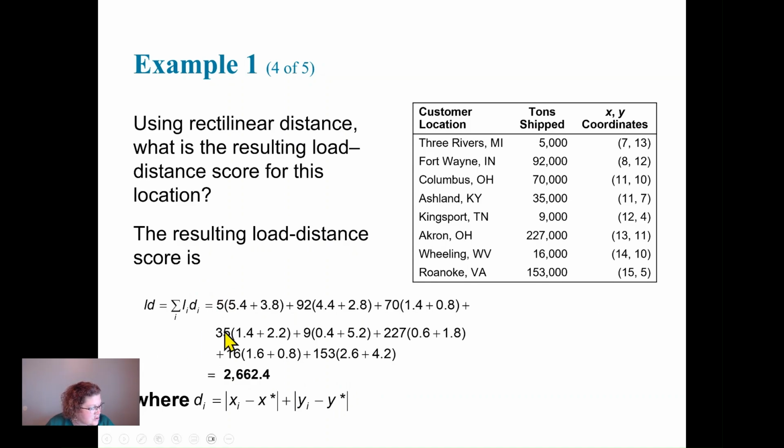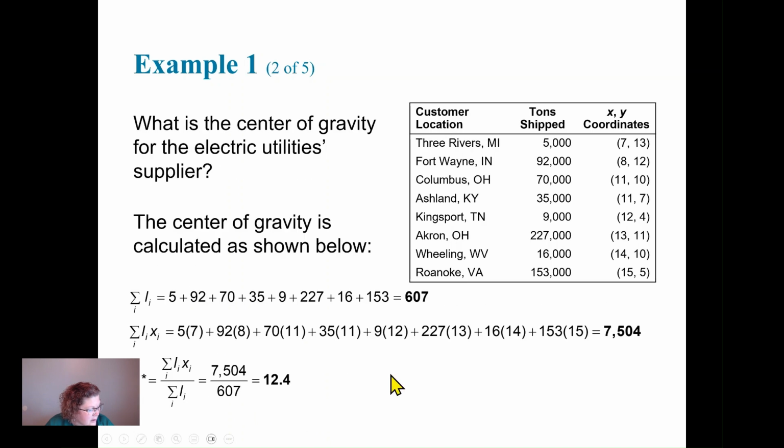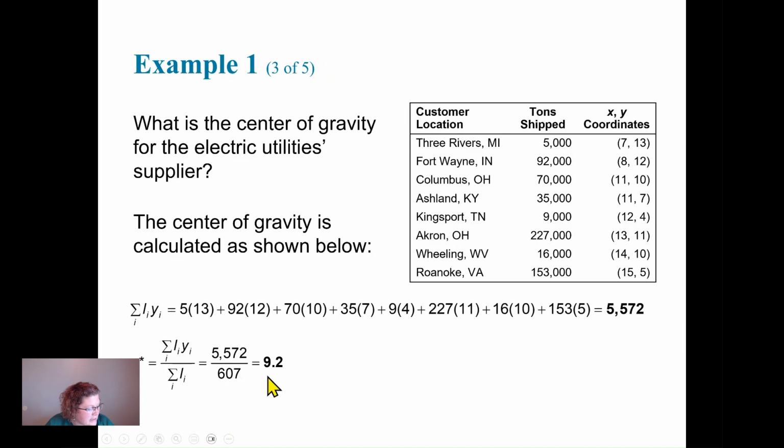That load distance score looks at the sum of all of our load and distances of each of our particular locations, where the distance is the difference between the x coordinate for that location minus the center of gravity, plus the y coordinate for that location minus the center of gravity. If we look back at our center of gravity, the x coordinate is 12.4, the y coordinate is 9.2.